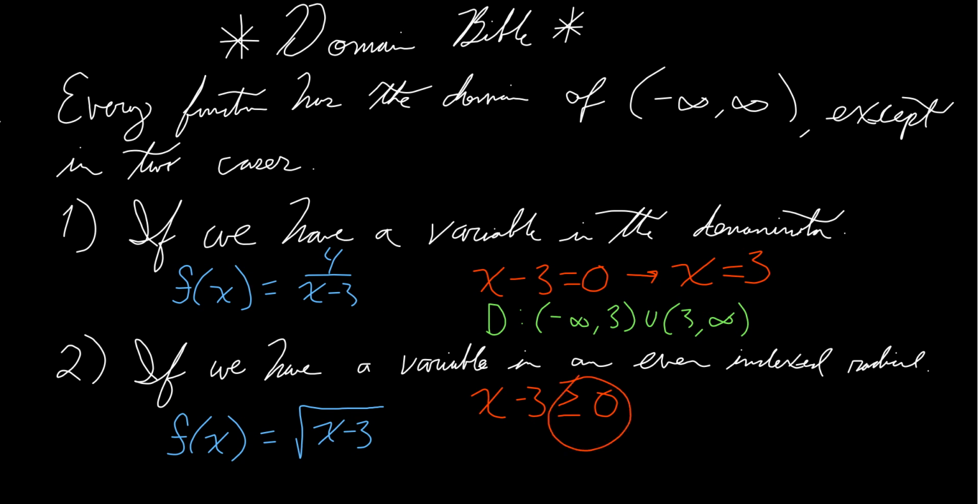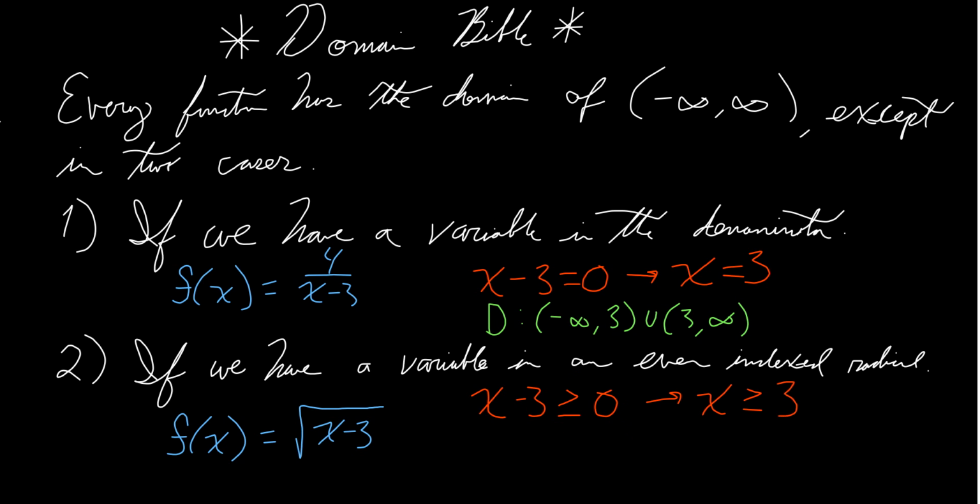So we've got x minus 3 is greater than or equal to 0. If I solve this for x, we would have x is greater than or equal to 3.